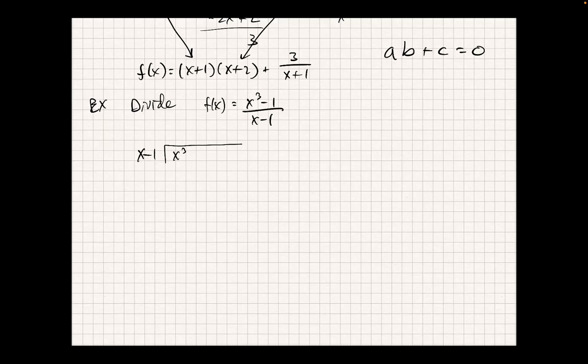Each column is its own power, so this column only allows x cubed stuff. So as many placeholders as I need, I'm going to fill them in, because I need a cubed column, a squared column, an x column, and a constant column. I have to maintain those places to make my technique come out correctly.